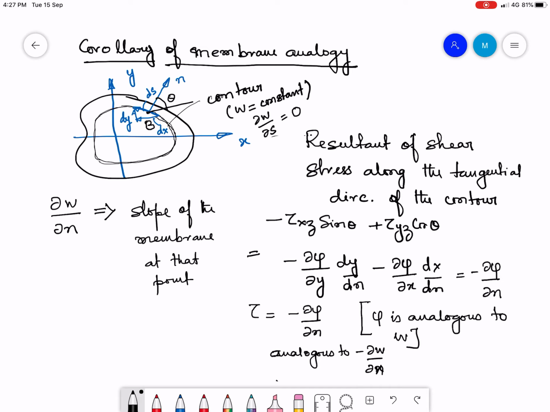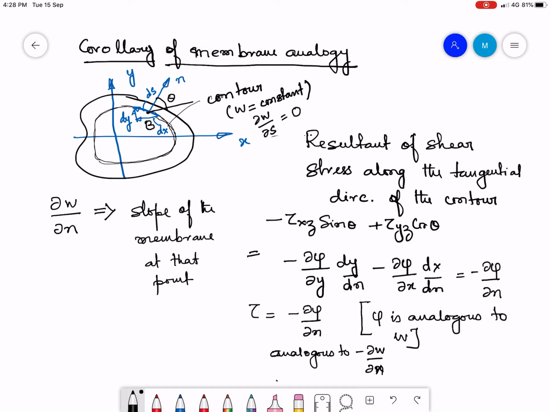Now, it is a very difficult task, even if we know the stress function and the shear stress distribution, to find out what is going to be the maximum value of the shear stress. But this membrane analogy gives you a very easy way to figure out at what location the maximum shear stress is going to happen.